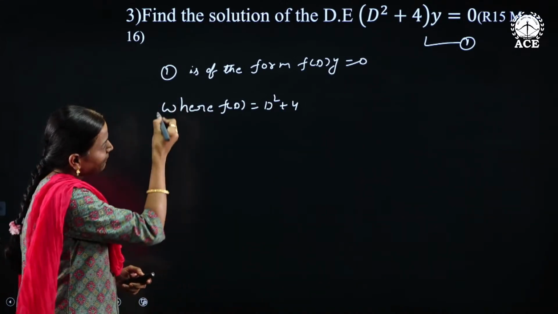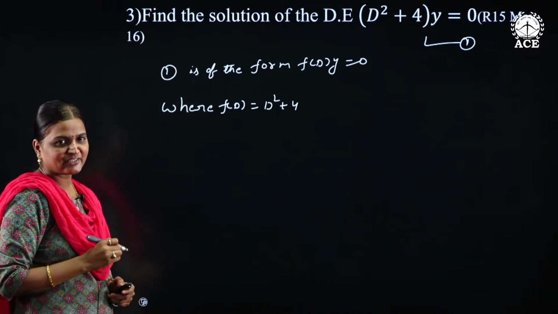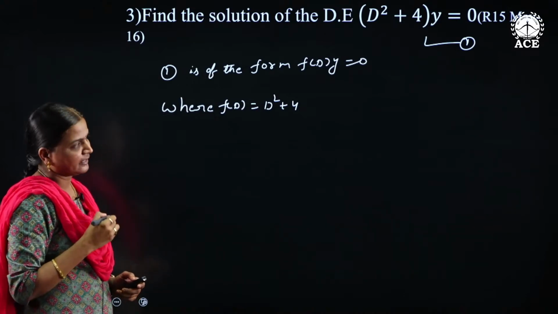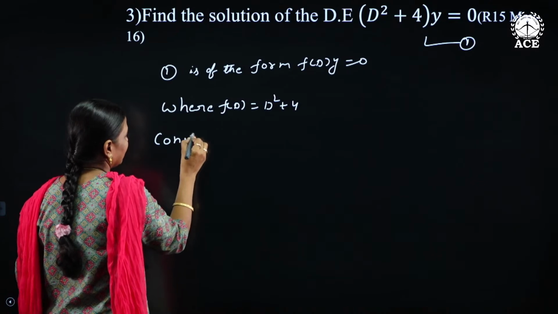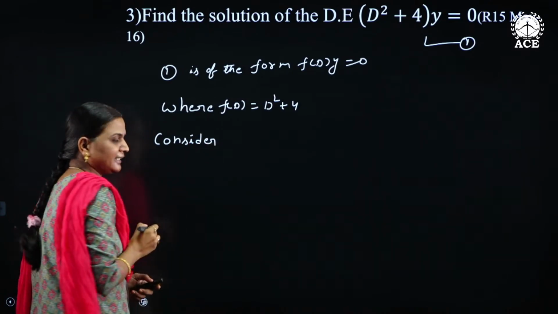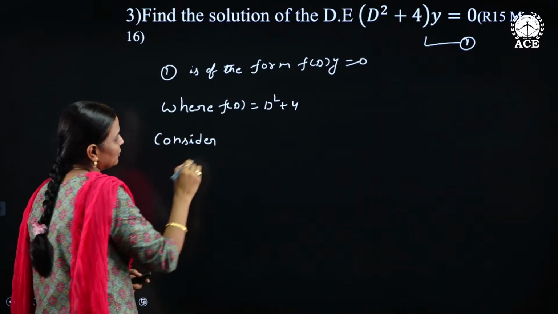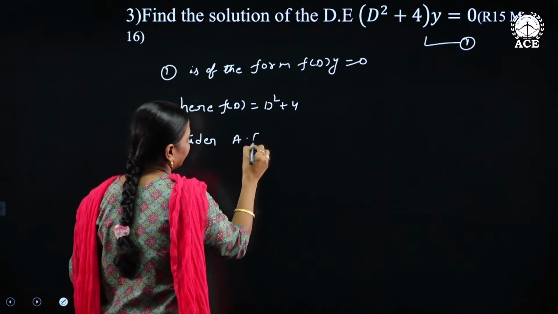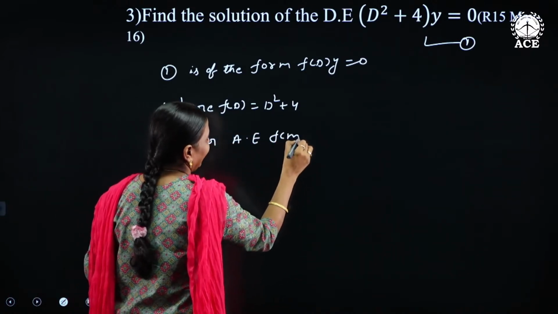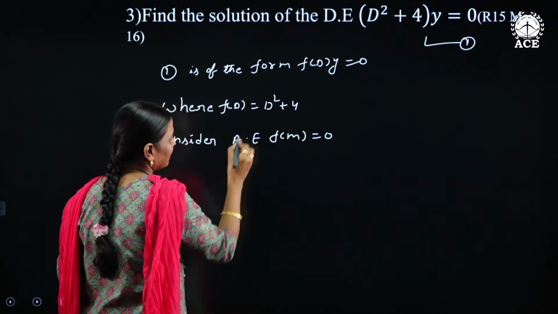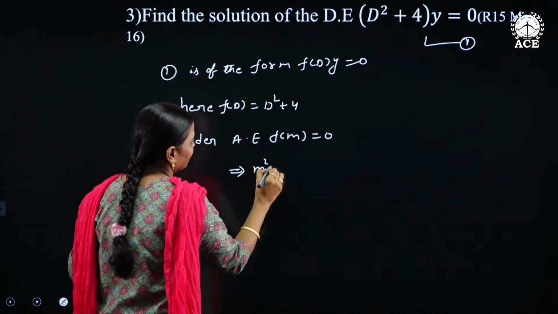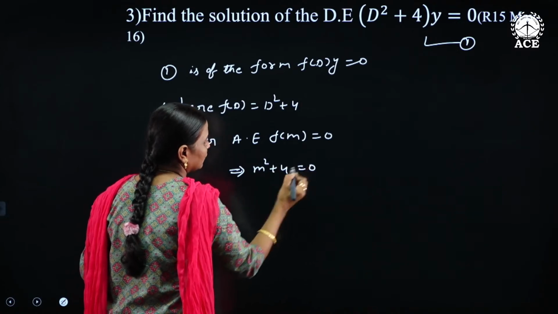After writing F of D, next to find the roots, consider the auxiliary equation. The auxiliary equation is obtained by replacing D by m and equating to 0. F of m is equal to 0. So if we replace D by m in F of D, m square plus 4 is equal to 0.